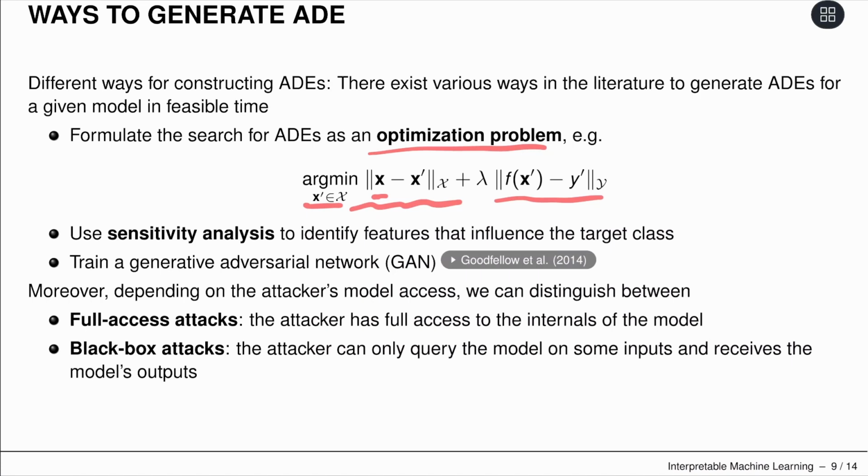But even if we have only black box access, meaning we can only query the model and get predictions for certain inputs, we can still try to find x prime. So this definition here is actually a black box view, because we can change our input to x prime and get predictions for that new input.